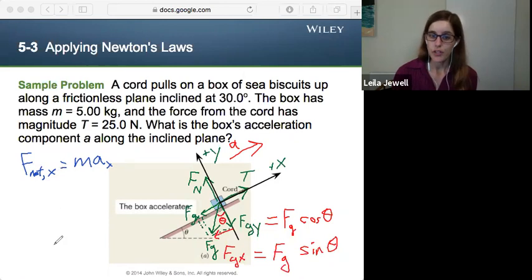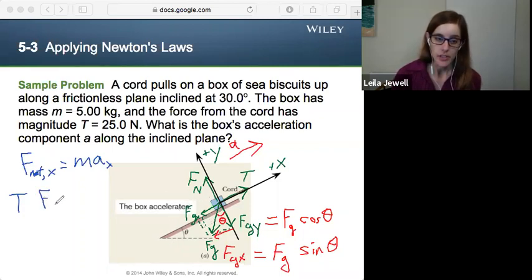If we look at the forces in the x direction, we do have tension, but unlike the last example, it's not just tension. We also have this F_Gx that we need to consider. The tension is in the positive direction, but F_Gx is in the negative direction. So we'll add that negative sign. And this is equal to our mass, little m, times our acceleration, which is what we're solving for.